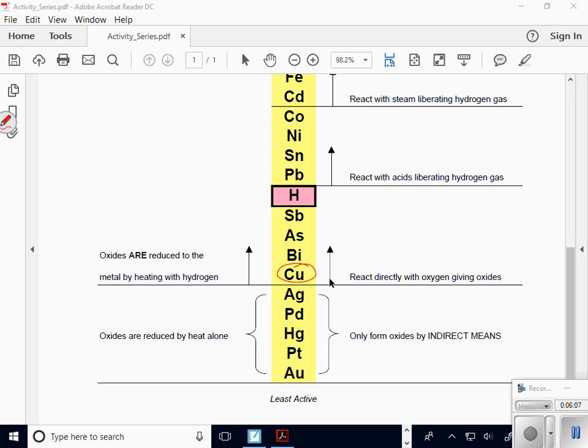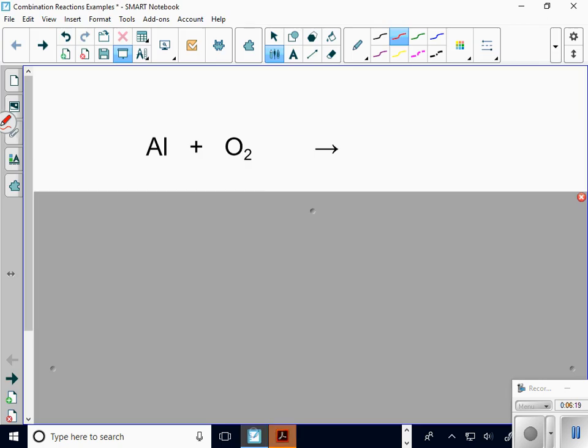It says to the right of copper reacts directly with oxygen, giving oxides. So I go back to my problem and say, okay, aluminum plus oxygen. Is aluminum above that line?